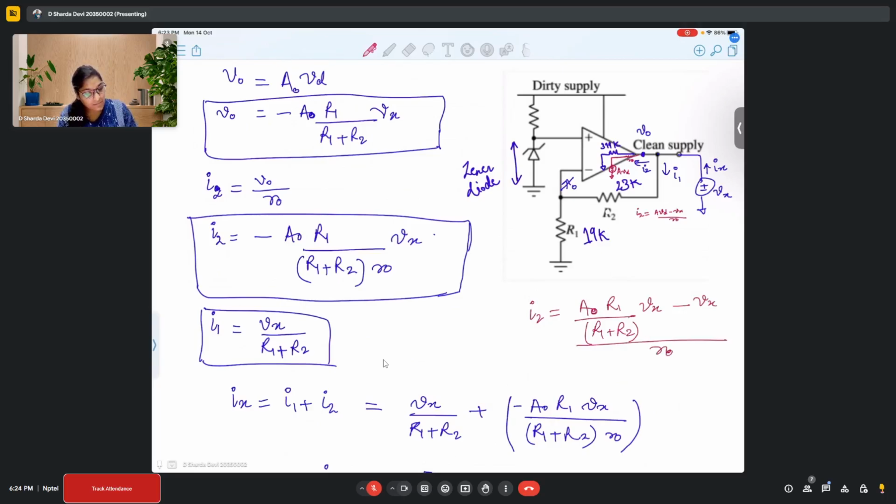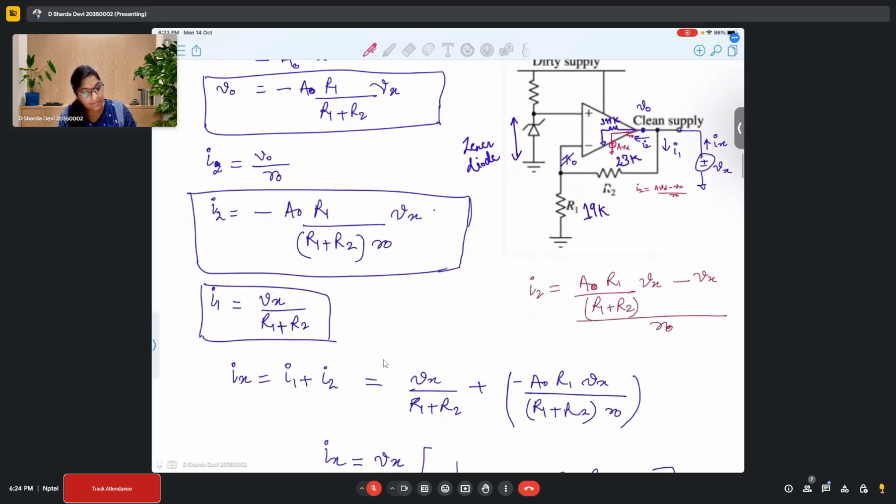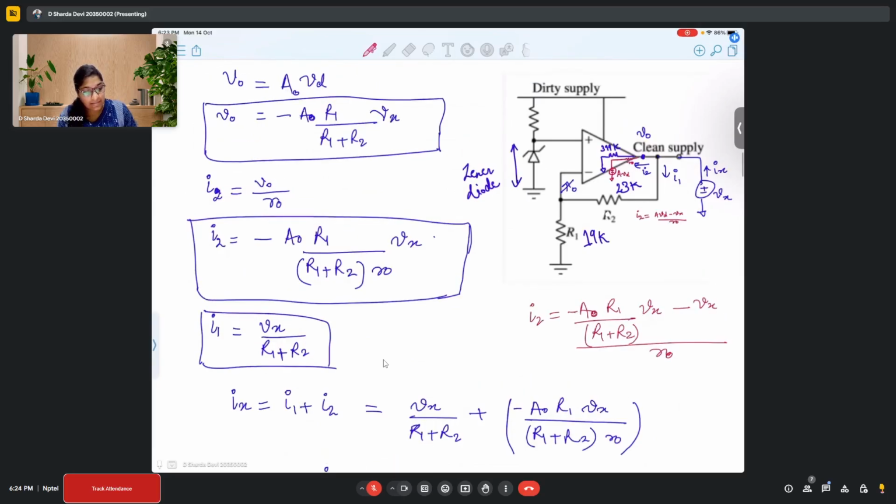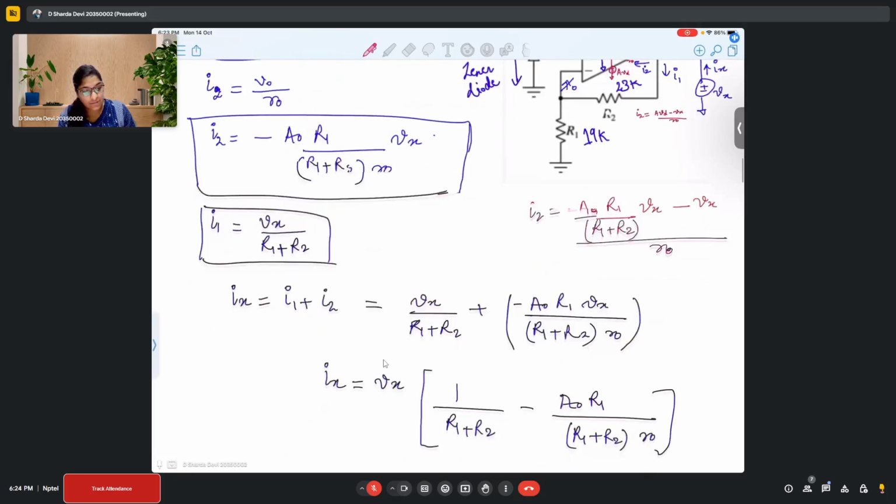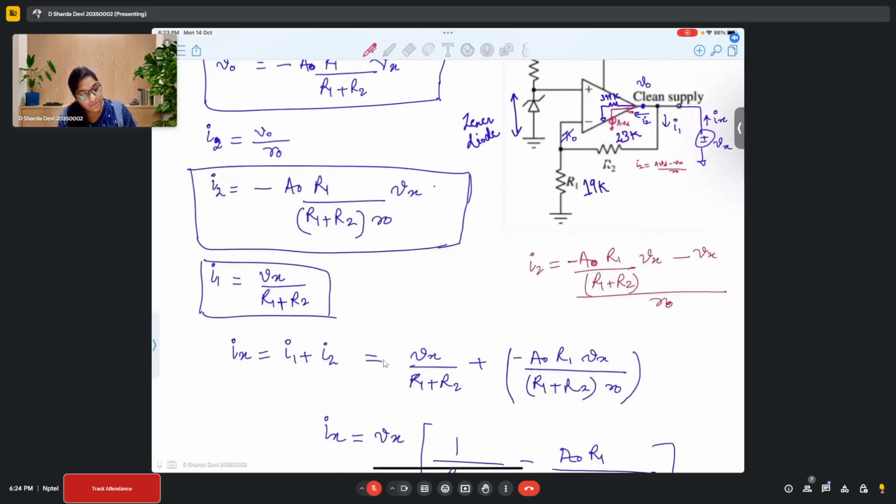I2 would be the negative of this, right? Since we have not considered the mod yet, the negative will also appear.